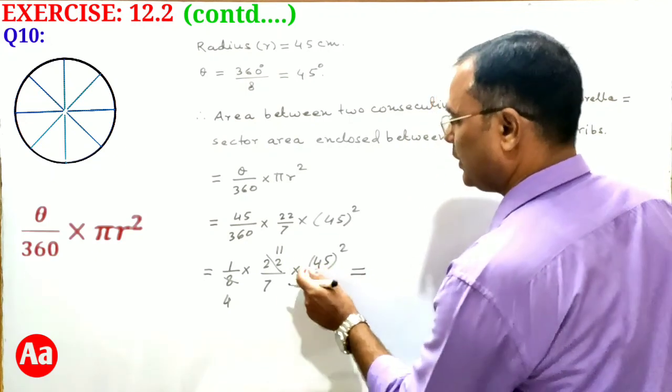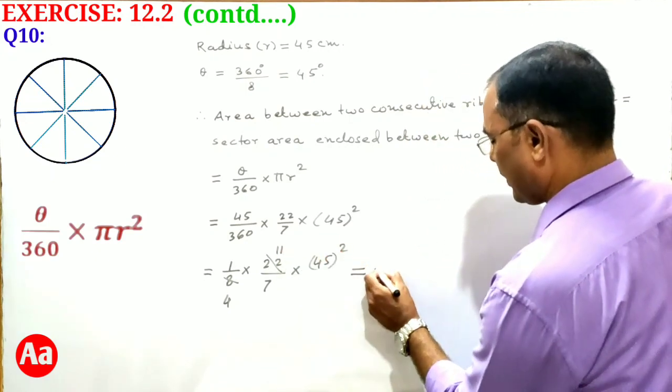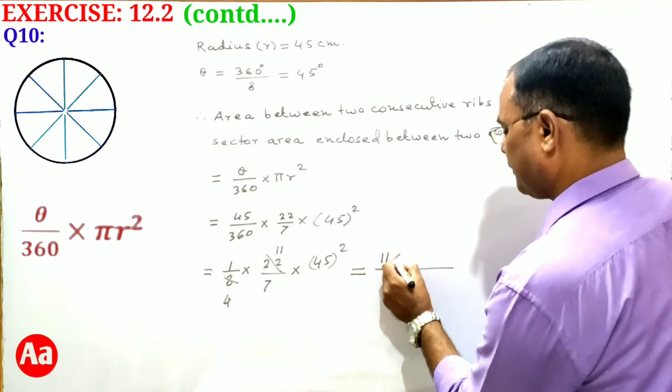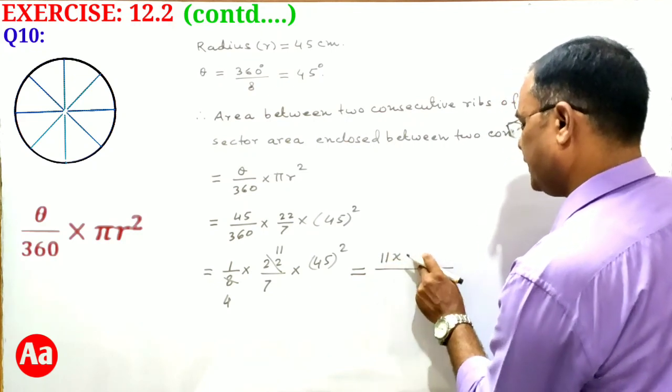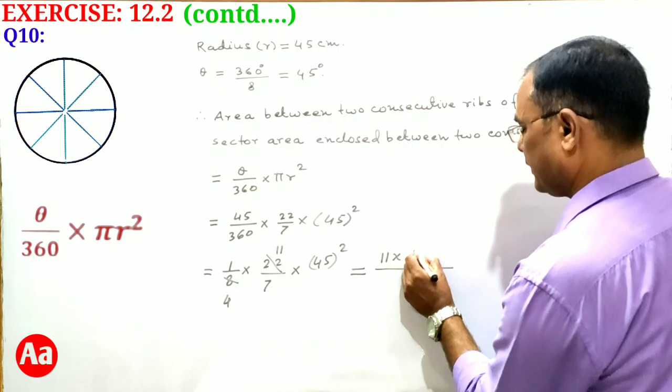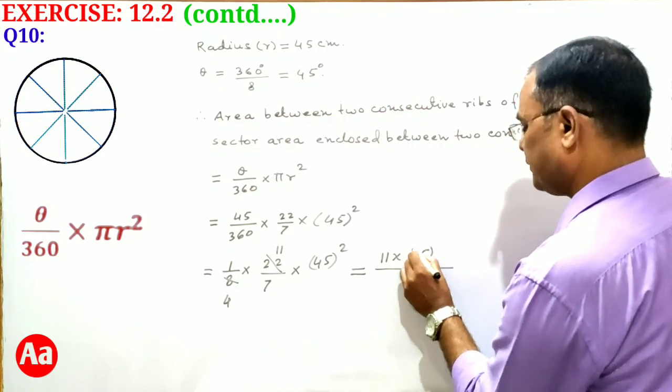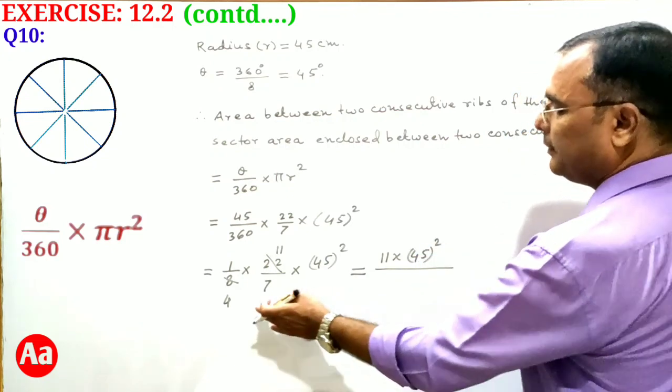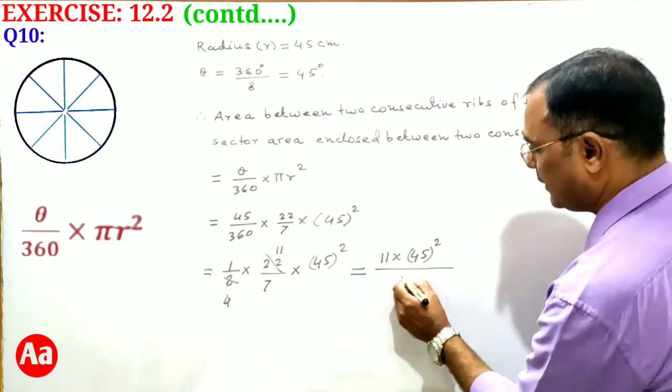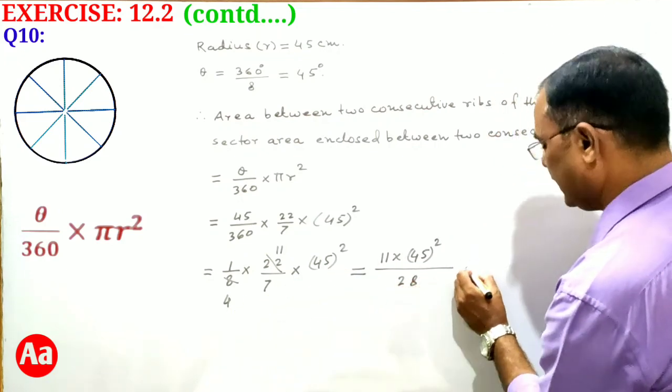So this is equal to 11 into 45 whole square, that is 45 into 45 by 4 into 7, 28.